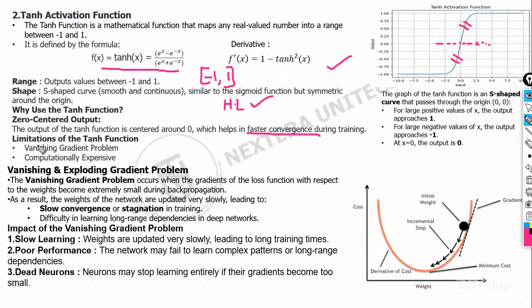But is the tanh function overcoming the limitations of the sigmoid function? Yes, only one of them. What is the other one? Vanishing gradient. It still suffers from vanishing gradient. Why? Because even if you observe the tanh activation function, the gradient will be close to 0.